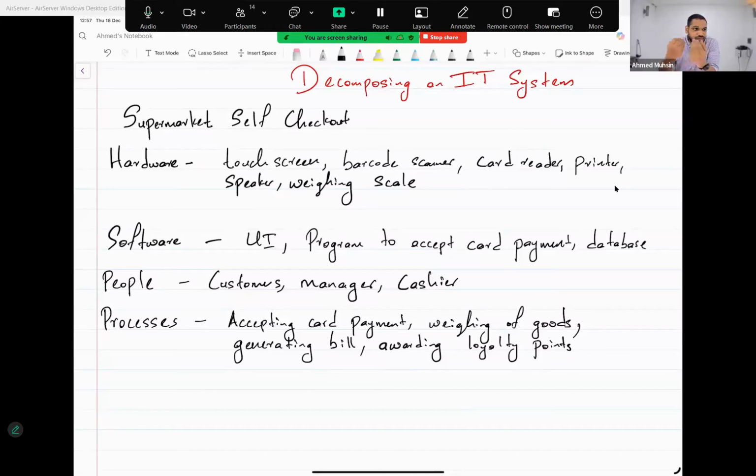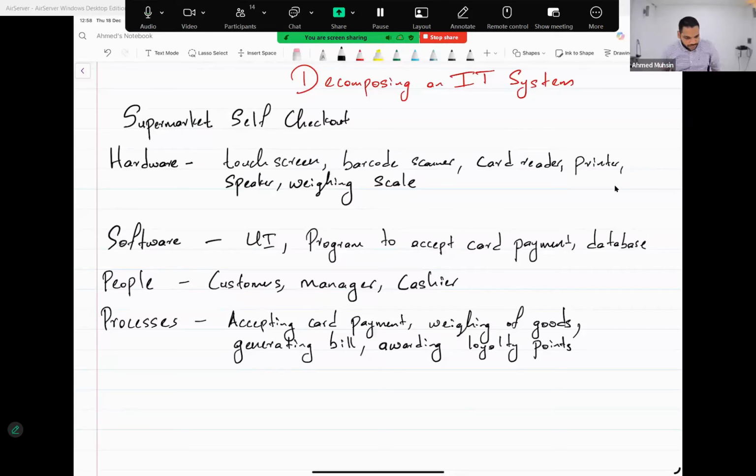The wording that you use and the wording that I use could be different. But as long as they both paint the same picture, the same story, the examiner will be okay with accepting it. I might say generating bill, you might write printing of bill, or SMSing of e-bill. They both pretty much say the same thing.